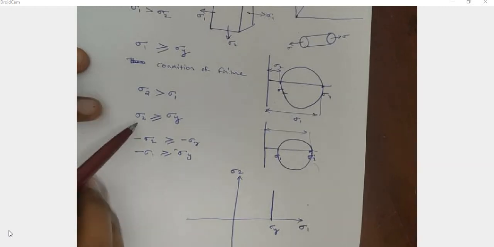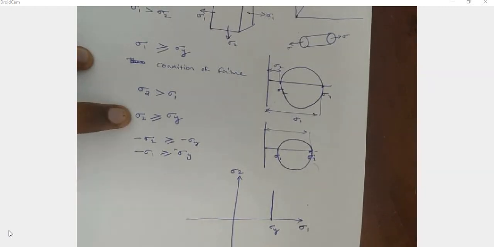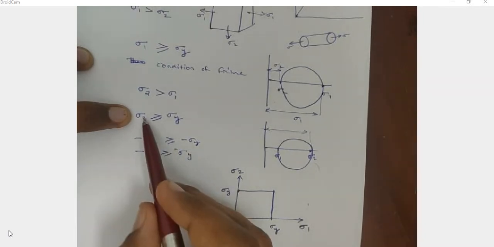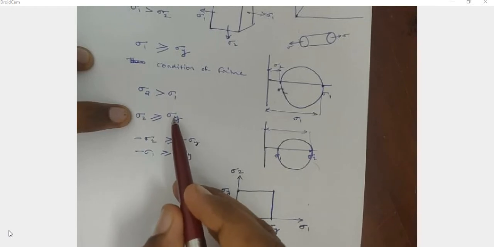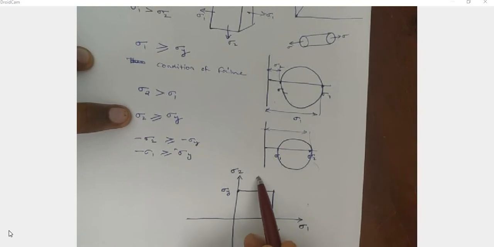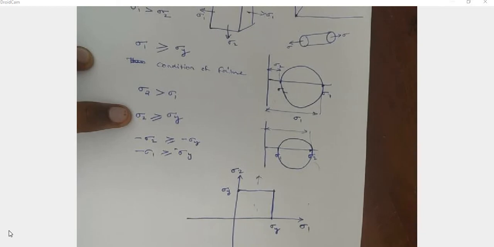Again, using this equation, sigma 2 at least should be equal to sigma y for failure. For example, this is sigma y. So I draw a horizontal line. If sigma 2 is greater than the sigma y value, then this side is a failure zone, and the bottom is a safe zone.